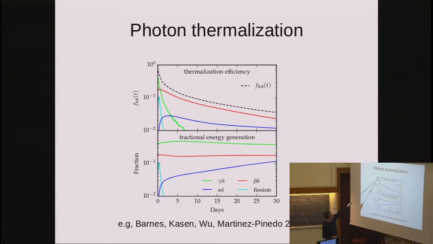And you can see here the fraction, the dashed line, and it's a quantity that at the beginning is close to one, you know, this probably is just a neutrino contribution which you lose anyway. And then since the system is expanding, it becomes more and more difficult to thermalize, and at late times you are not so efficient. So for example here, only 10% of the energy that is decaying is actually thermalized locally.